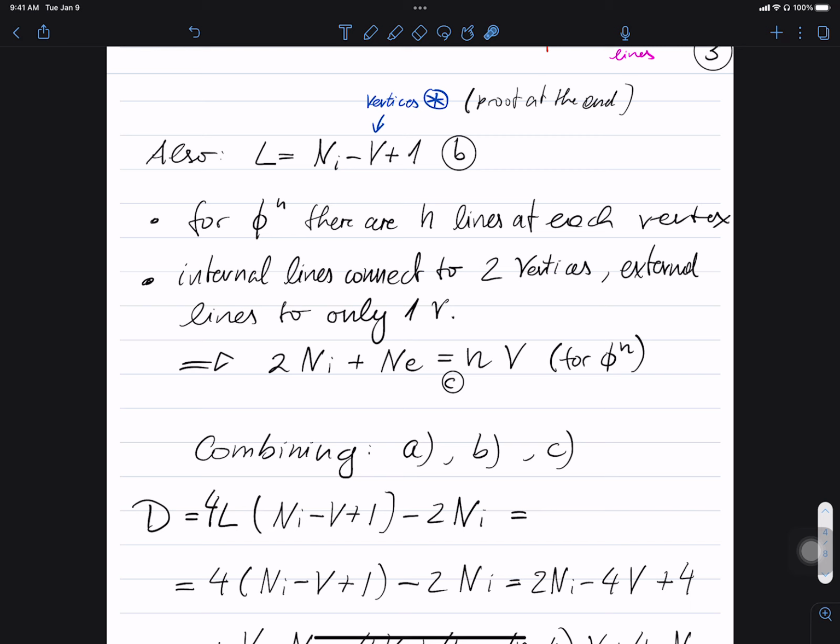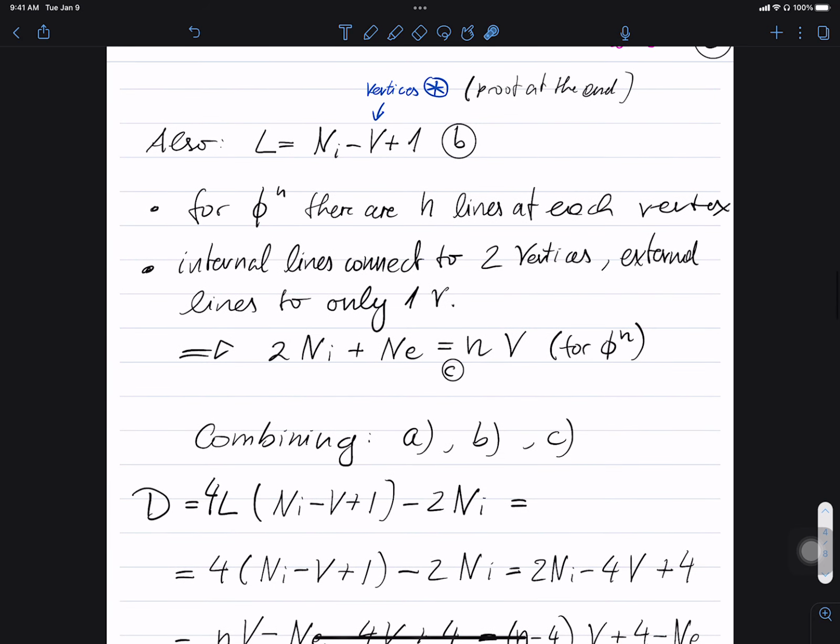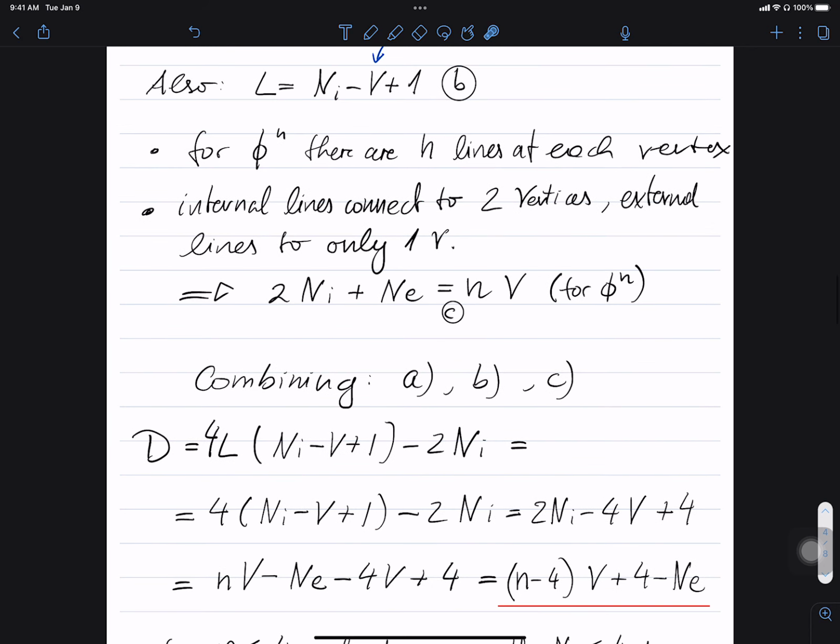Internal lines connect to two vertices, and external lines have only one vertex. So we can combine this into a statement that twice the number of internal lines plus the number of external lines is equal to the number n for the phi to the n theory times the number of vertices.